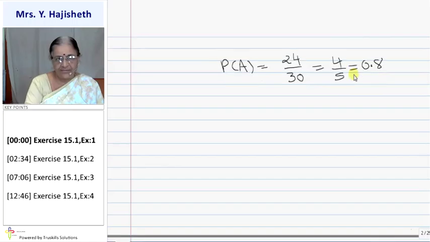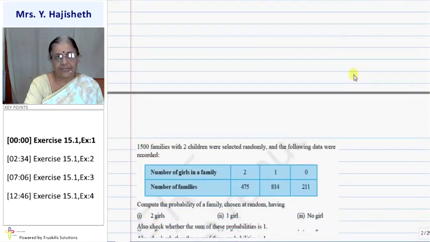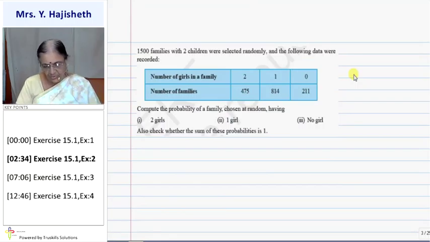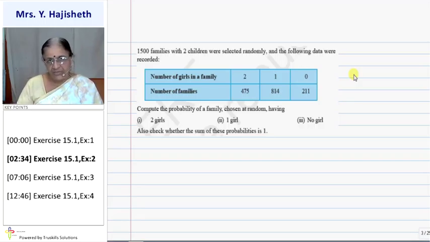Second sum is, 1500 families with 2 children were selected randomly and the following data were recorded. Number of girls in a family are 2 or 1 or 0 because every family has got 2 children. So 2 children can be 2 girls, or 1 girl and 1 boy, or 0 girls, meaning both boys.